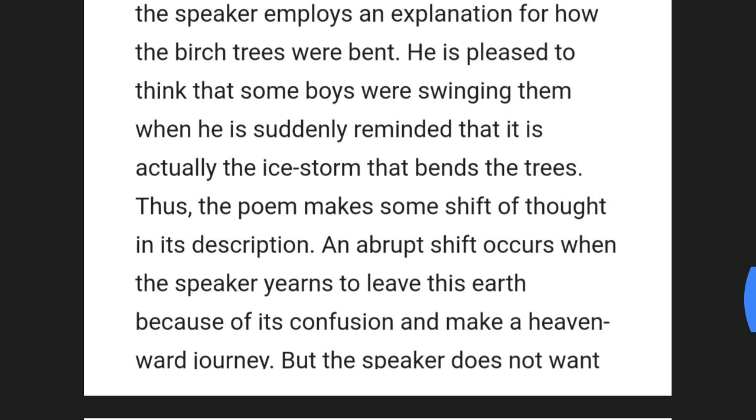An abrupt shift occurs when the speaker yearns to leave this earth because of its confusion and make a heavenward journey. So he thinks about, now that he is growing old as a poet, he reflects, and he sometimes feels that it is time for him to leave the earth and go towards heaven. And how can he go towards heaven? By climbing on top of the topmost branch of the birch tree.